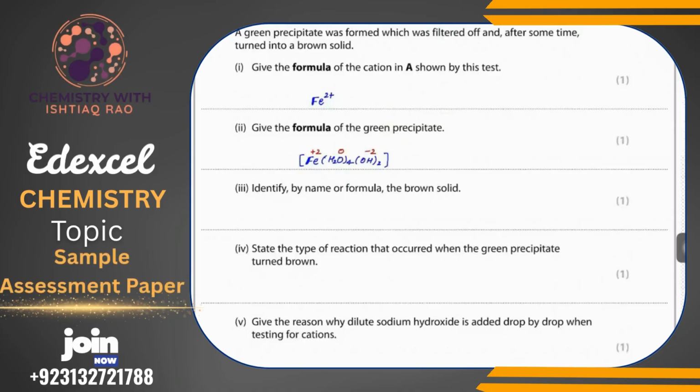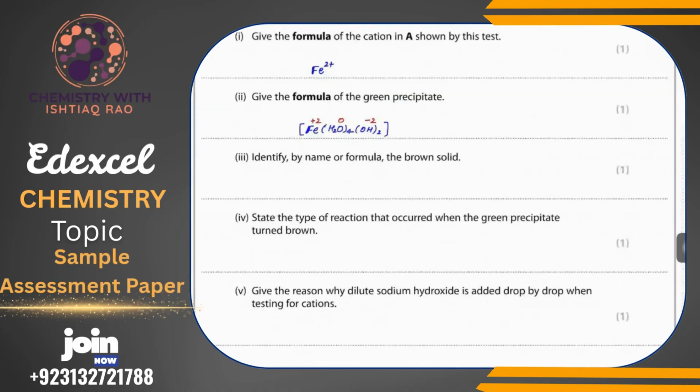Do we identify it by the name or the formula? Brown solid. That's easy. So the brown solid will also not have a charge. This is Fe3+, of course, but you have to give the brown solid. So Fe(H2O)3(OH)3.